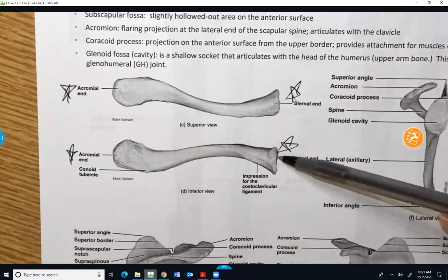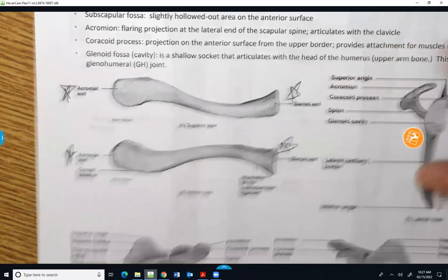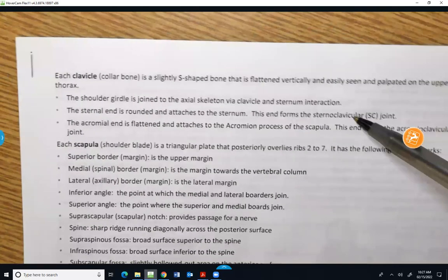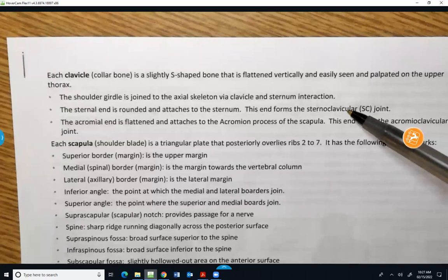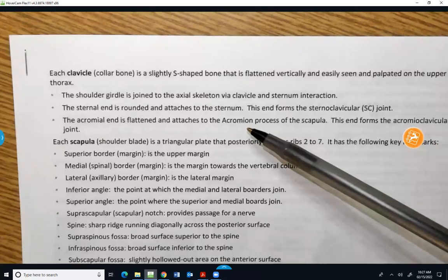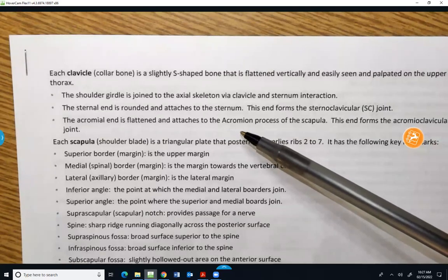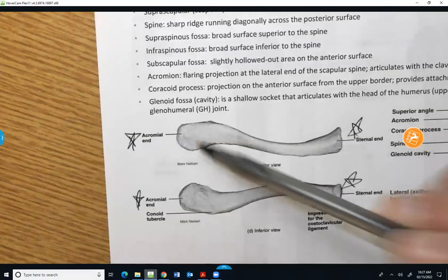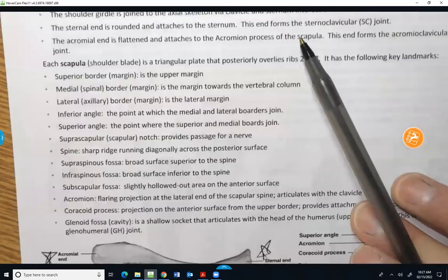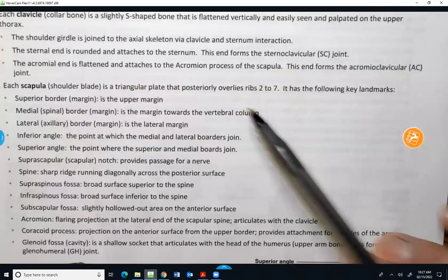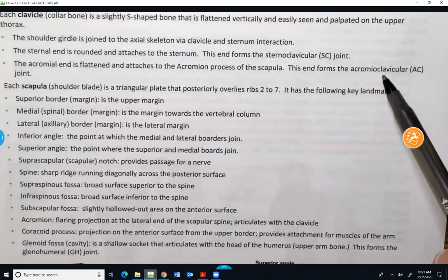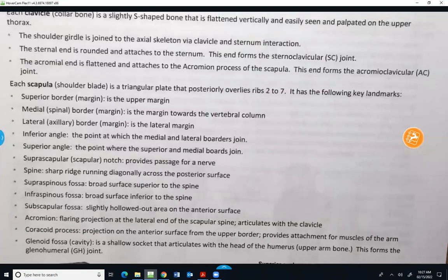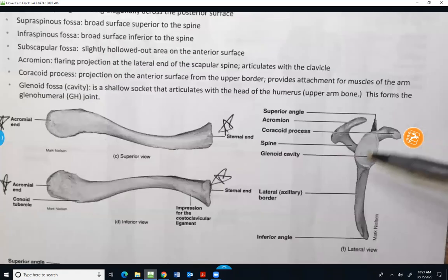This connection between the sternum and the clavicle creates what we call the sternoclavicular joint, whereas the acromion meeting the acromial end of your clavicle creates what's called the acromioclavicular joint.